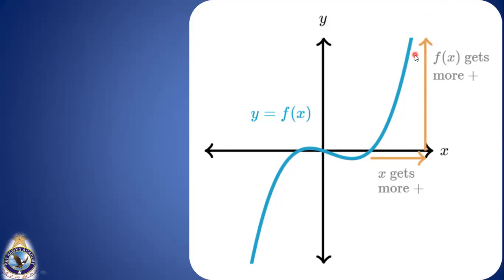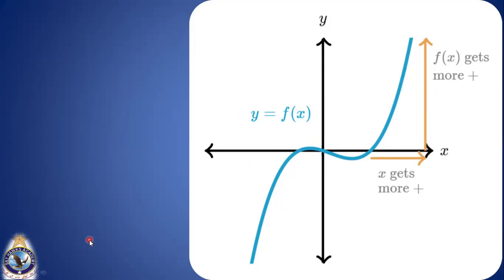The general, dominant trend is that when you are increasing x, it is going upward. So f(x) gets more positive, going along the y-axis upward. You are increasing the value of x here and getting an increased value of y here. So this is from the right side.